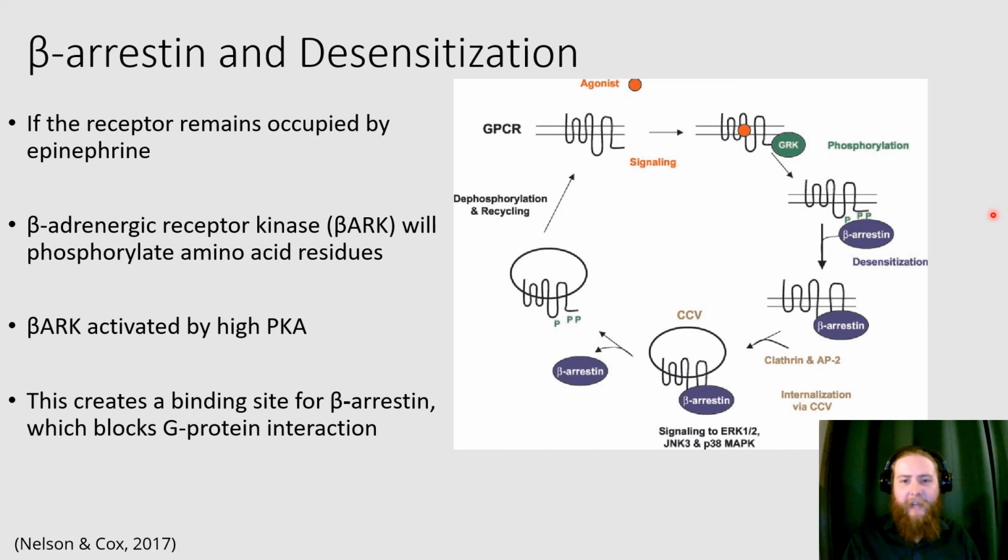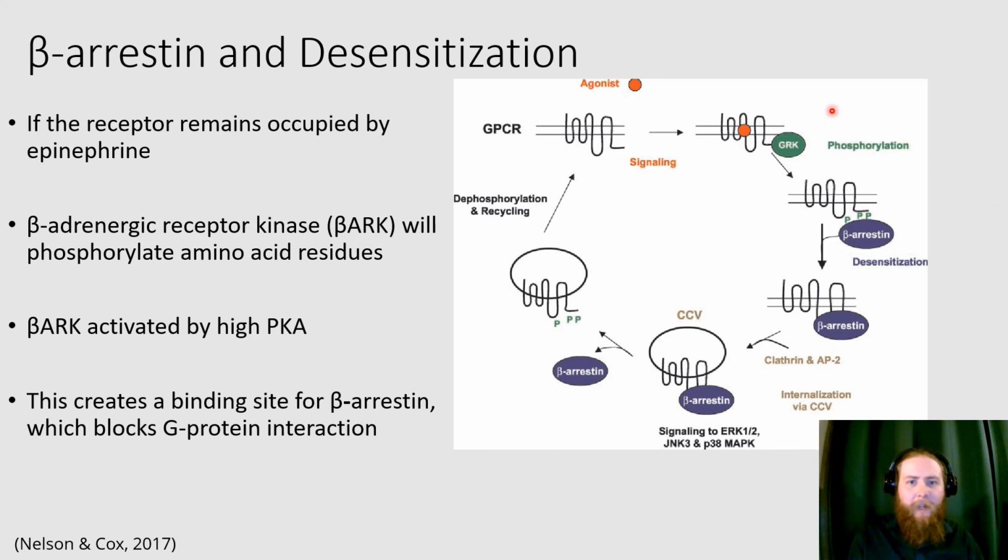So in the case that a ligand stays around, and let's use epinephrine as an example again, beta-adrenergic receptor kinase, or beta-ARK, will phosphorylate amino acid residues. And these amino acid residues are on the carboxyl terminus of the GPCR. So they are on the end that binds to the G protein.